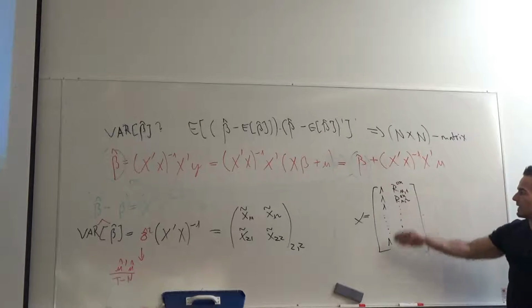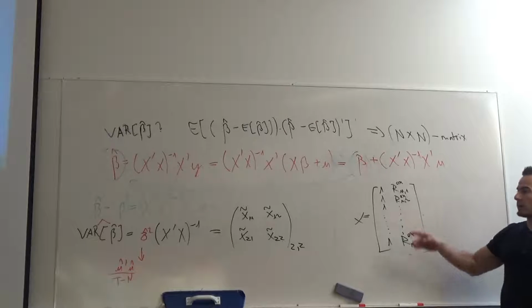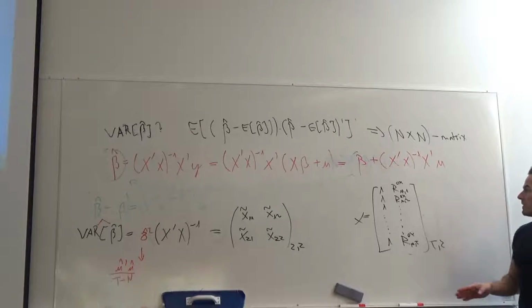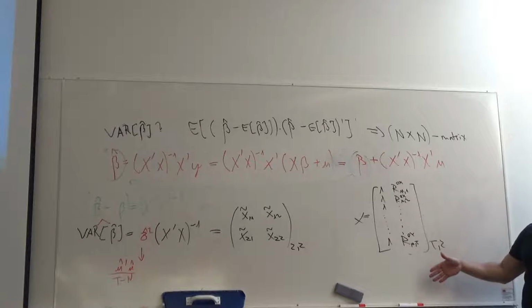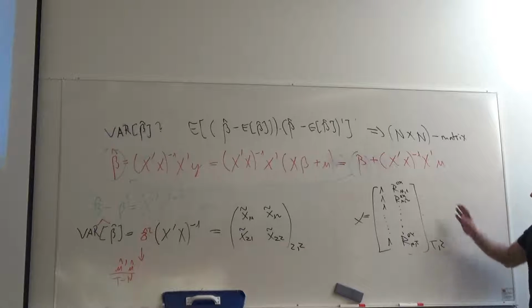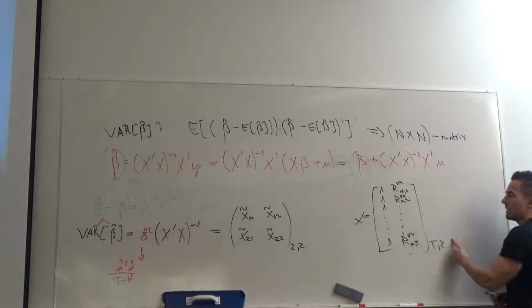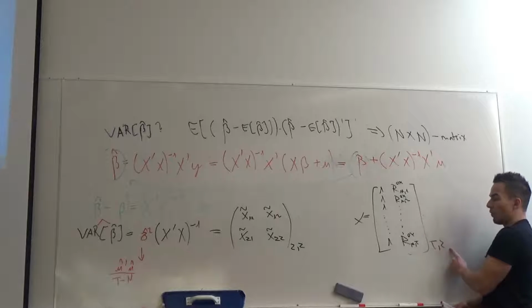variance of what is here in the first column of our X matrix. The second element on the main diagonal is the variance of what is here in the second column of our regressor matrix. If we had the Fama-French 3-factor model, and you would add here the size factor and the HML factor, the value factor, then we would have a T by 4 matrix.